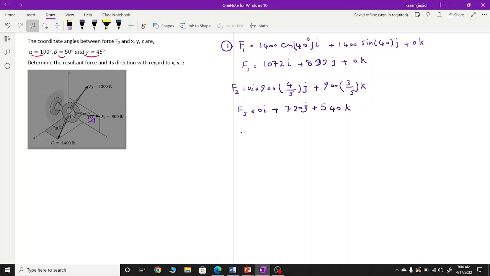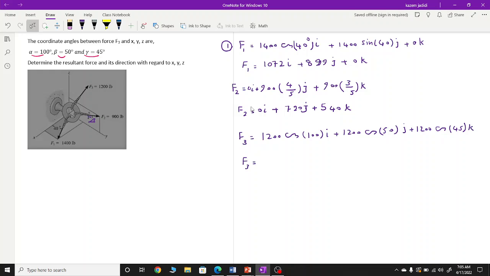And the same with F3, but F3 is easier because alpha, beta, gamma is given. You have to just multiply the force by cosine of each one of those angles. So 1200 cosine 100 is alpha, therefore it's i, plus 1200 cosine 50, which is beta, is j, and 1200 cosine gamma, which is 45, and that's the angle with z, therefore it's k.